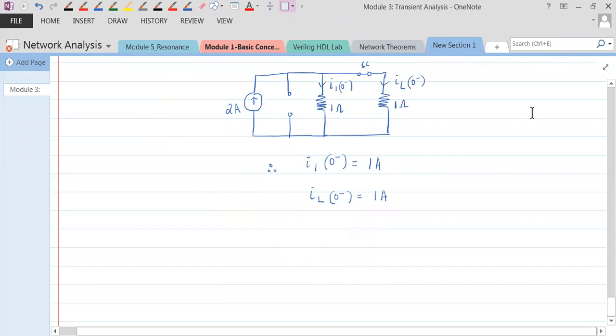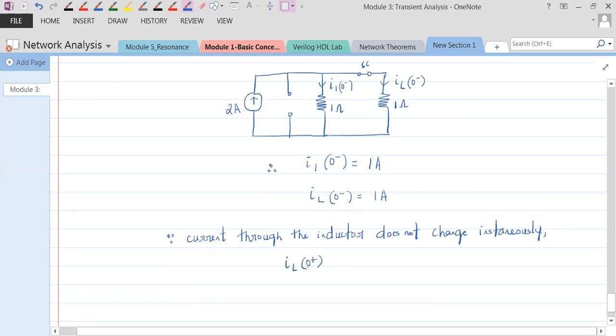But one thing that we have seen tells us very clearly that since current through the inductor does not change instantaneously, IL of 0 plus is equal to IL of 0 minus, and that is equal to 1 amp.